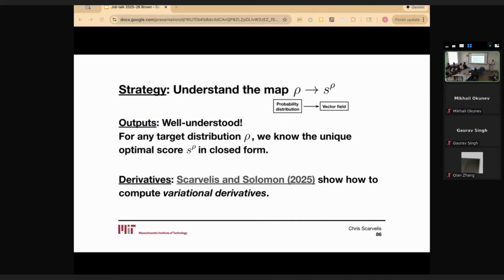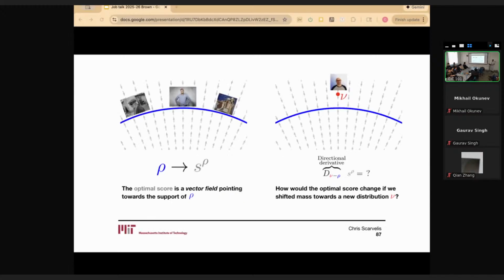We recently showed that not only can we differentiate this map in principle, but that this computation is tractable for real-world diffusion models. This is pretty surprising, I think. In general, you wouldn't expect the derivative of a map from probability measures to vector fields to be a tractable object that you can compute and even visualize. But it turns out that because diffusion models have so much structure to them, this is actually the case for this specific problem.